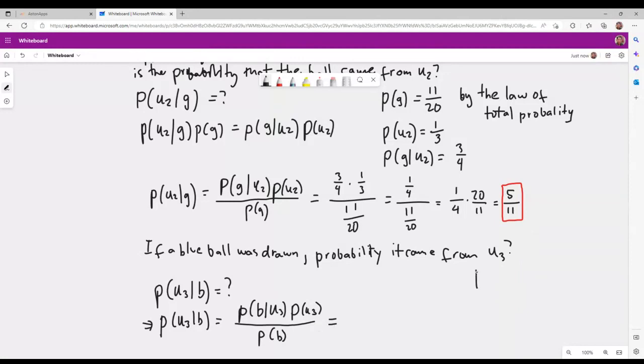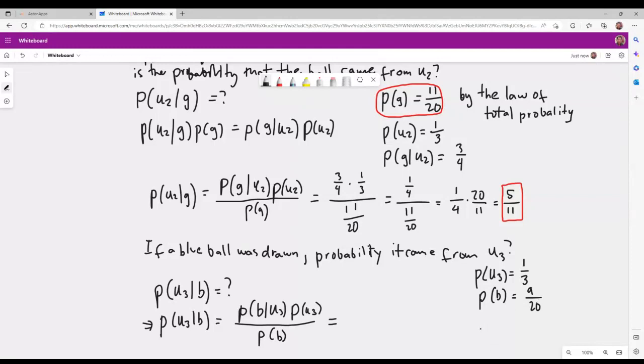Now, again, if we try to determine the probabilities that we need to evaluate this conditional probability, we have P of U3 to be equal to 1/3. The reason for which we already know. The probability for drawing a blue ball randomly will be equal to the complement of the probability of drawing a green ball. And so the complement of this value is 9 over 20.